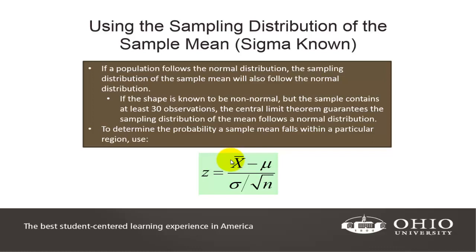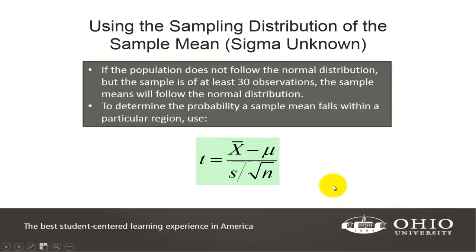So if our z-value is too big or too small, bigger than 3 or smaller than -3 or whatever value we come up with, then we're going to conclude that based on this sample, based on this x bar here, what we thought the population mean was is probably not true. Now, if the population is not normal, we would use a t-distribution, and it's slightly different. It's almost the same, but it's basically the same concept.